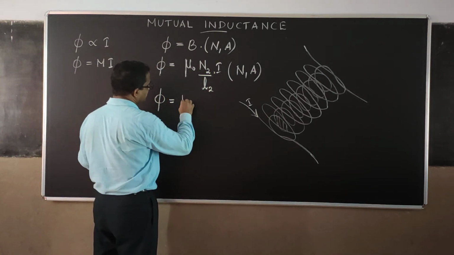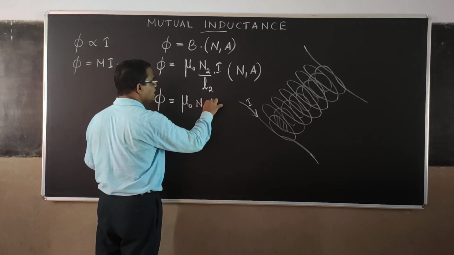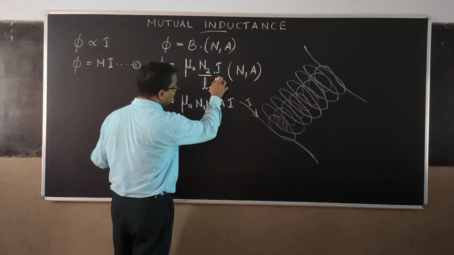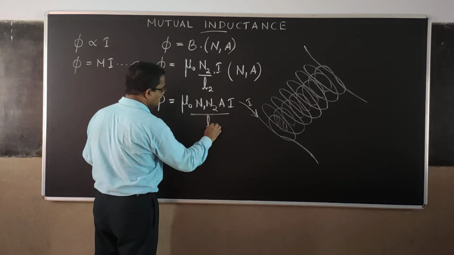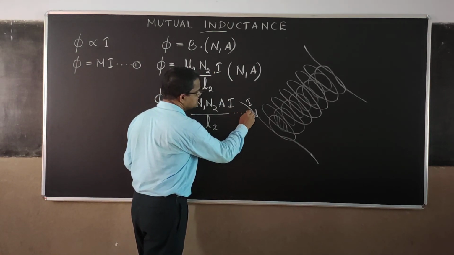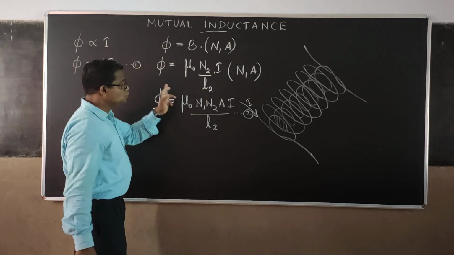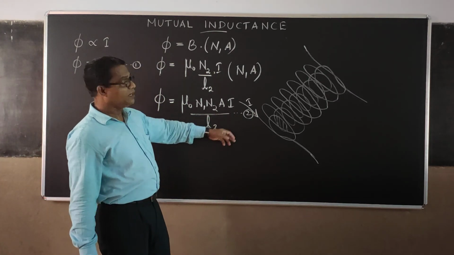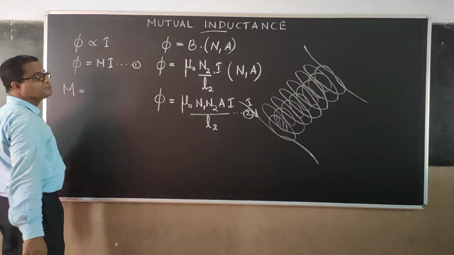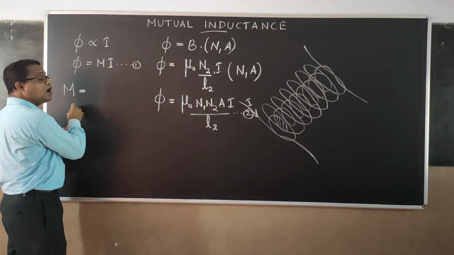Now rearrange it, you get mu 0 N1 into N2 into A into I divided by L2. So if I take this as equation number 2, then comparing 1 and 2 you get M, the mutual inductance for current flowing through the outer coil.